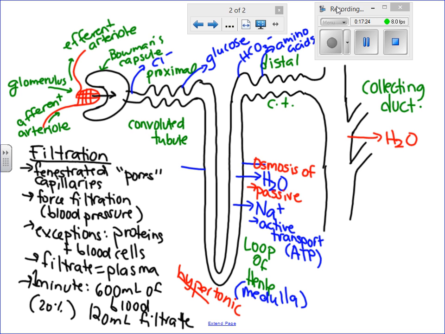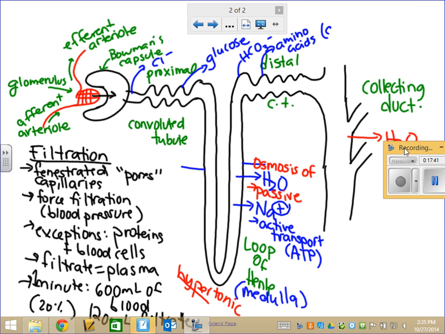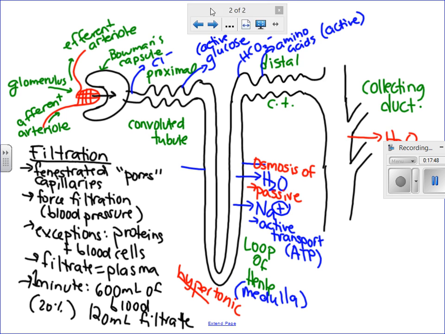These negative ions are usually attracted to positive charges. And if I'm actively reabsorbing sodium, which is a positive ion, those negative ions will naturally follow. Very often, amino acids require active transport, and glucose requires active transport to be reabsorbed.